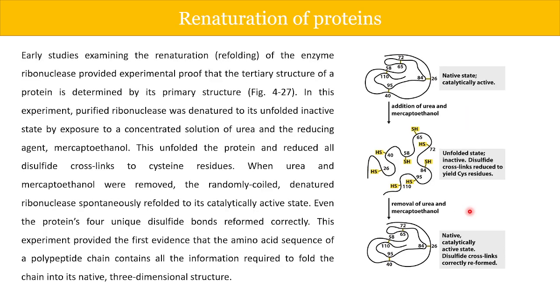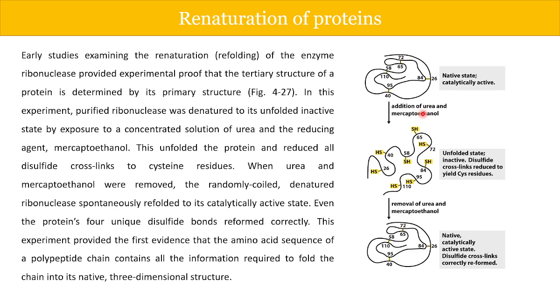Now, denaturation is one part of the story. We need to get the protein renatured as well, because that is the state in which we require our protein to be. So in early studies, the renaturation of an enzyme, ribonuclease, was done, and it was determined by its primary structure. So you see over here, this is the native state of ribonuclease A. These 58, 110 are the different cysteine residues through which the disulfide bonds were formed.